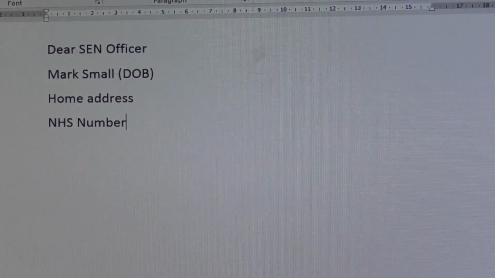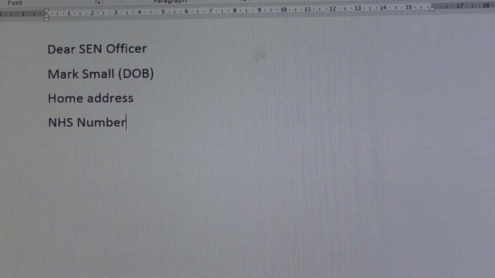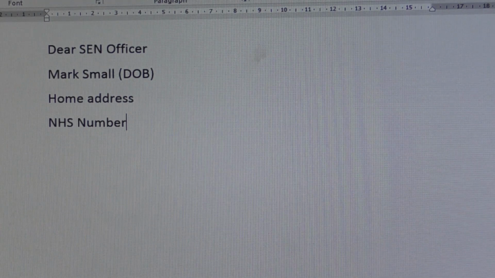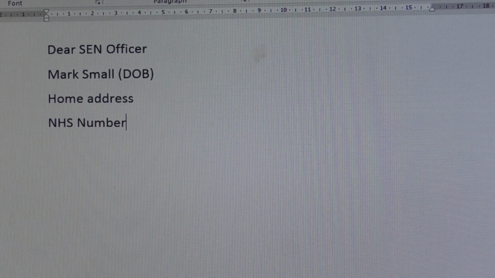The reason it's helpful to put it in the request is that when the local authority seeks advice from the designated medical officer who represents the health service, that NHS number will disclose which services are known to your child and therefore which information may be passed to the local authority. So if you've got that information, that's helpful.